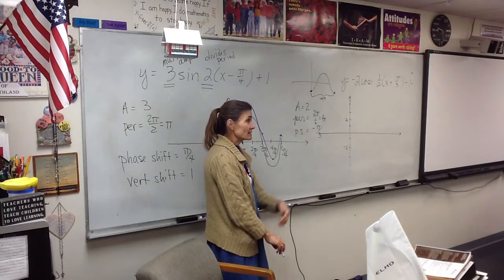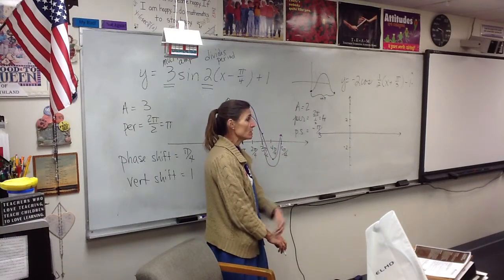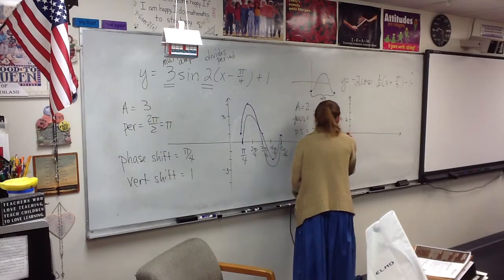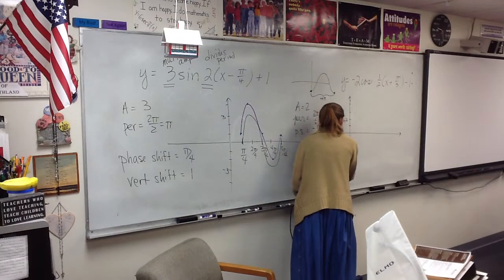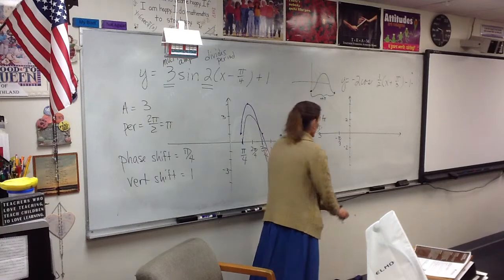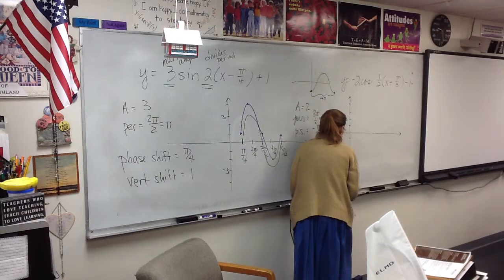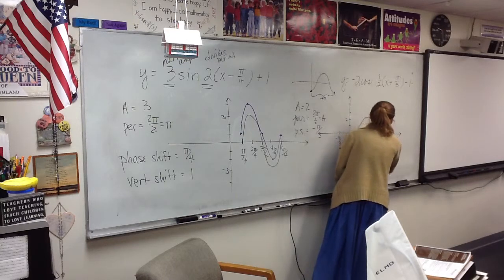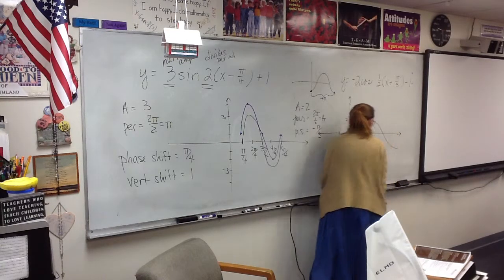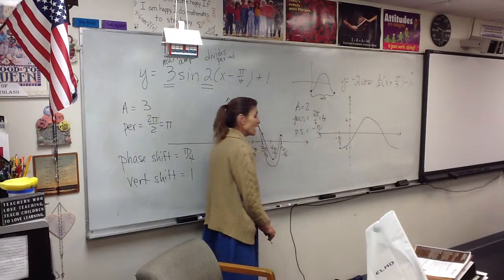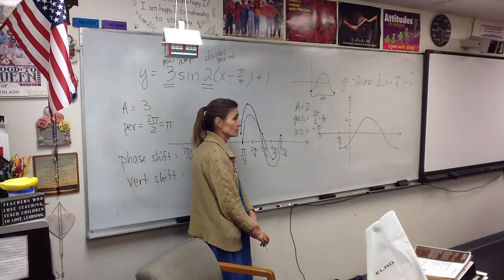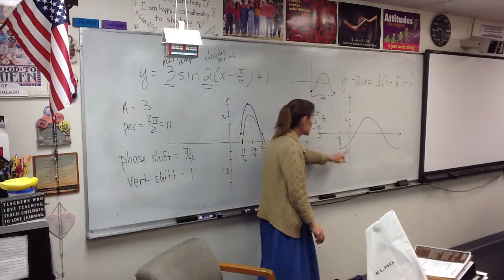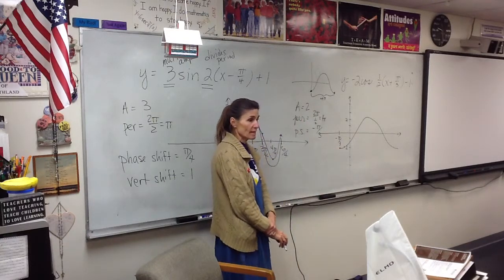Either way, you have to say either negative pi over 3 or left pi over 3, which means that this is where it's starting. So it starts at the bottom of the valley and ends at the bottom of the valley. That's my negative cosine curve starting at negative pi over 3. Would you agree with that?